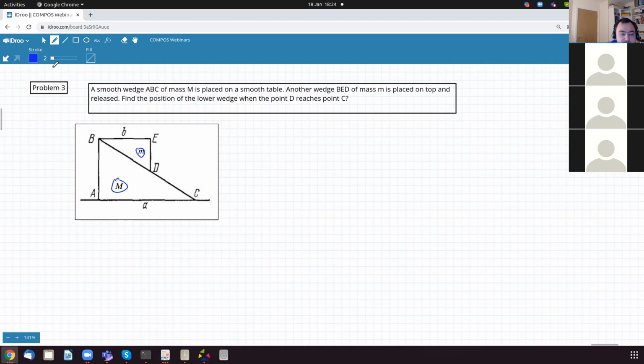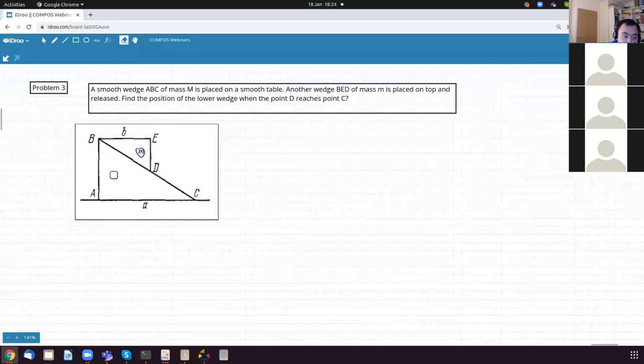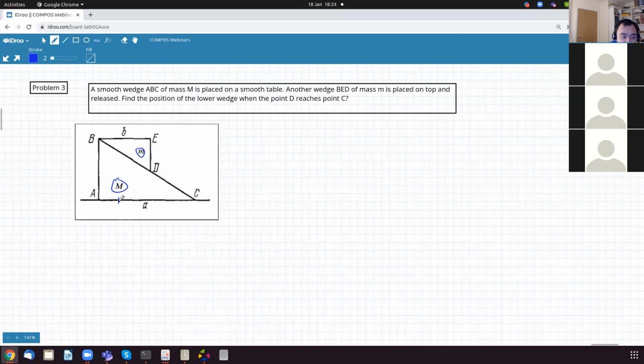Well, these are prisms, and you know from the assignment that the center of mass of a triangle is 1/3 of the way from the base to the highest point. So the center of mass of the lower prism is 1/3 A. For convenience, we'll take this as 0.